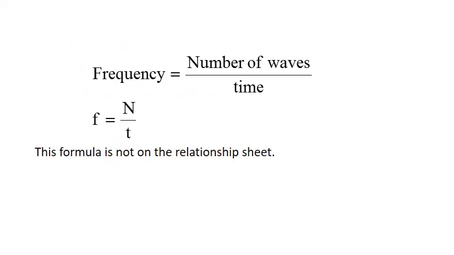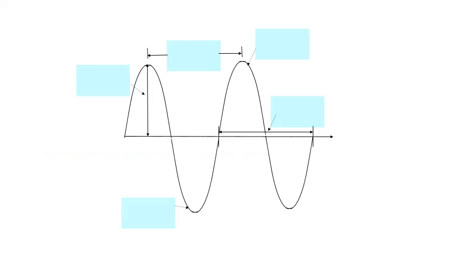We can calculate frequency by dividing the number of waves by the time taken. So this is a useful relationship, but it is not on the relationship sheet. It is something that you have to remember from your definitions. Here is a diagram of a wave that you'll find in your documents as well, and you should be able to label the wave with all the details that you need.